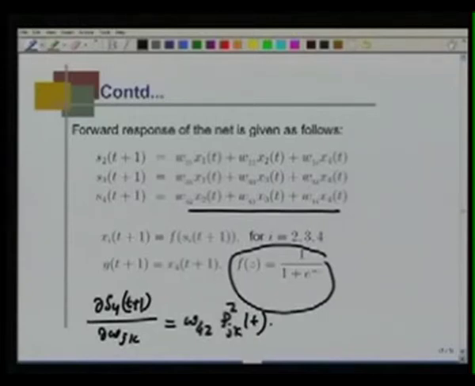The second one is w43, a constant term again, and then x3 at t is differentiated with respect to w_jk.